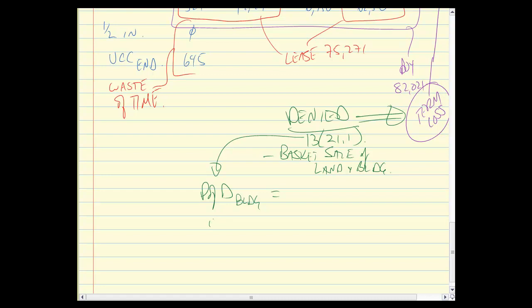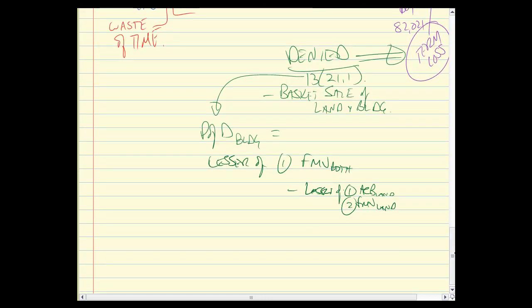So the proceeds of disposition are equal to the lesser of two things. One of those being the fair market value of both things minus the lesser of two things: the ACB of the land and the fair market value of the land. Okay, so that's one piece of our lesser of, our upper lesser of.